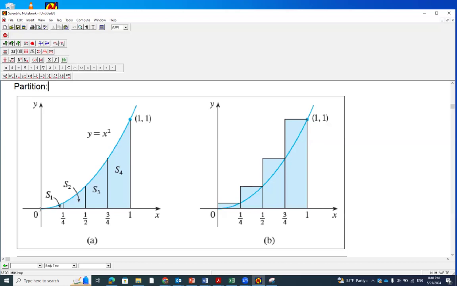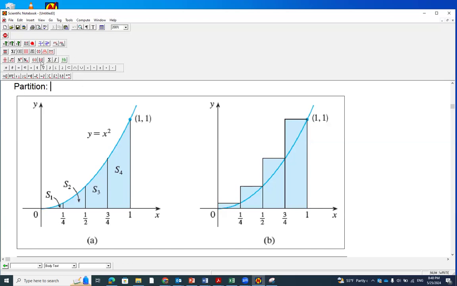So we have the interval from 0 to 1, divided into 4 parts. In the interval from 0 to 1/4, from 1/4 to half, from half to 3/4, 3/4 to 1. So we divide it into 4 intervals.